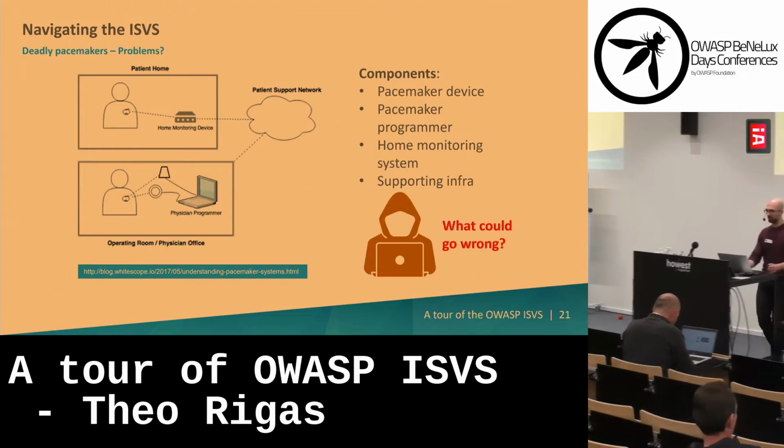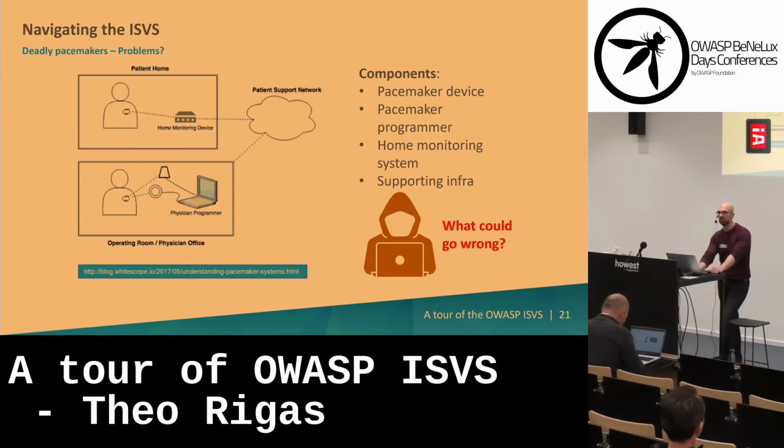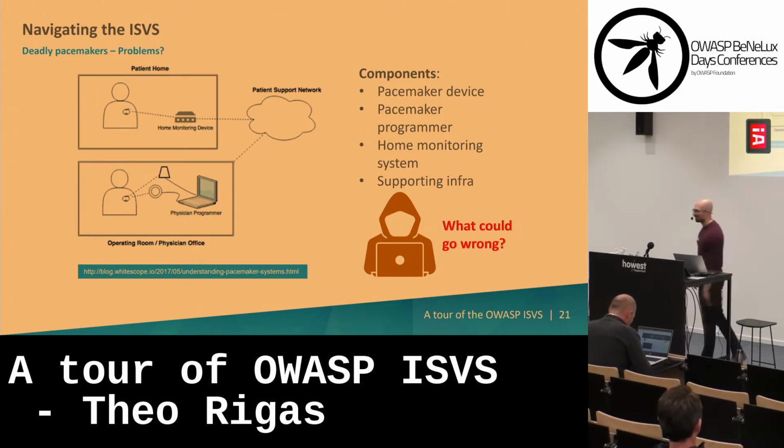So what I want you to think about is what could go wrong in this scenario. And yeah, maybe the question should be what couldn't go wrong. If you have any ideas, you can shout them at me.